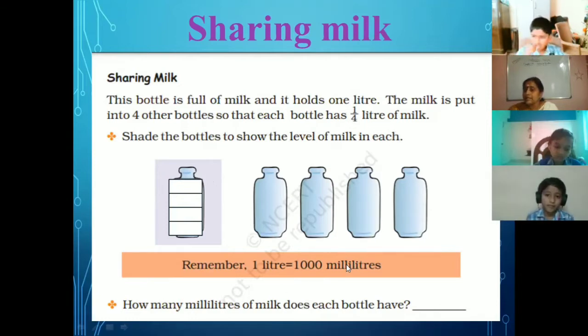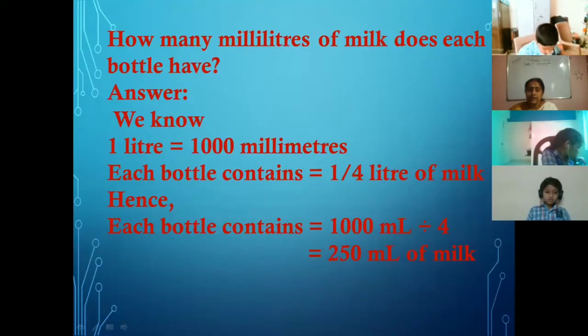We know that clearly. 250 milliliters, yes. Each part has 250 milliliters. So each bottle contains 1/4 liter of milk.